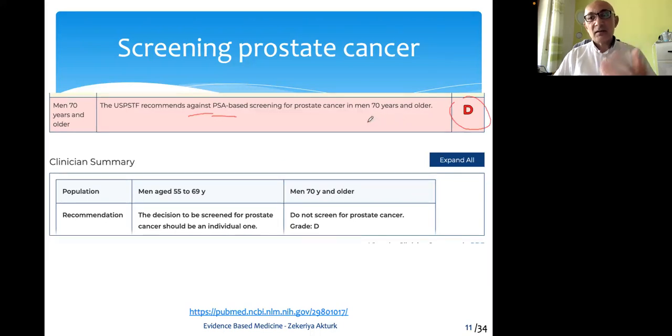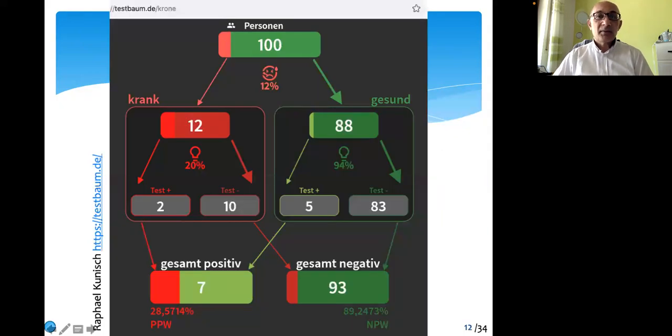Of course, prostate cancer is seen in elderly people. Its prevalence in this age group is rather high, but due to the low sensitivity, it is not suggested to conduct this screening test. What would happen if we screened a group of elderly people with the PSA?